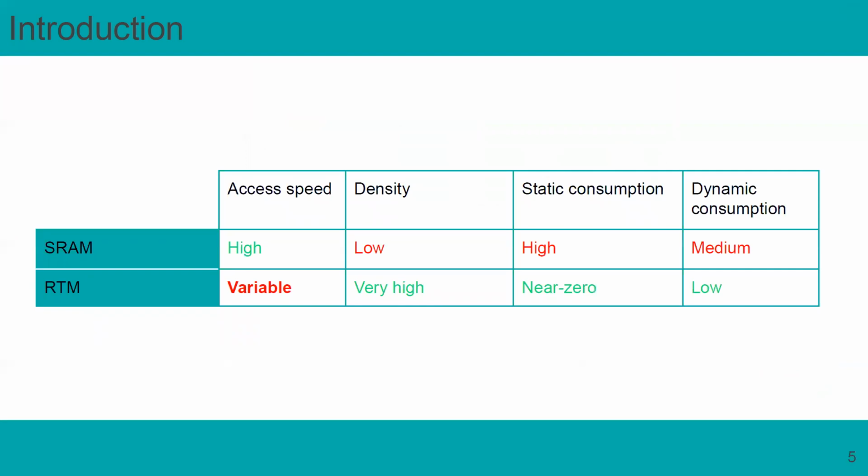This table summarizes the pros and cons of this technology. Racetrack memory is much denser than SRAM and consumes less energy. However, the main problem of Racetrack memory is the variable latency required to access the cache, which has prevented its adoption in L1 caches so far.